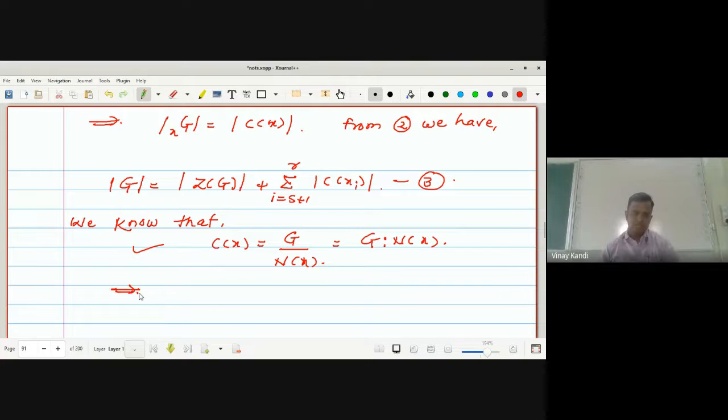So that implies order of C of X is equal to order of G upon order of N of X.